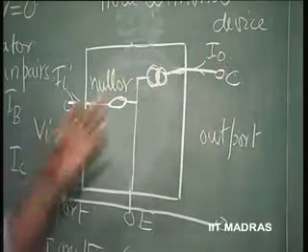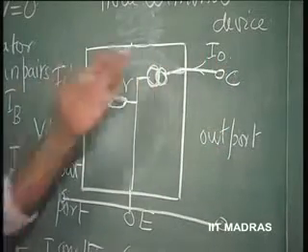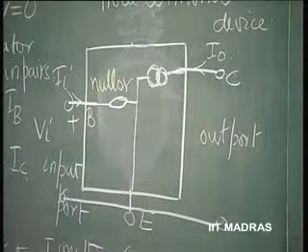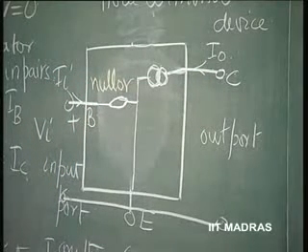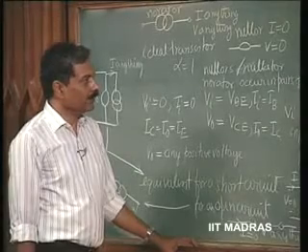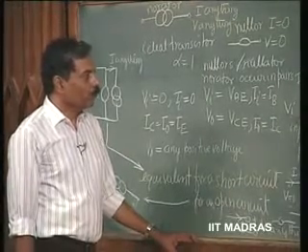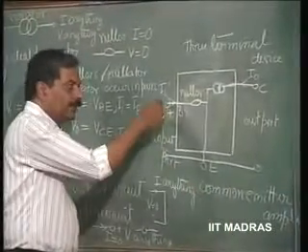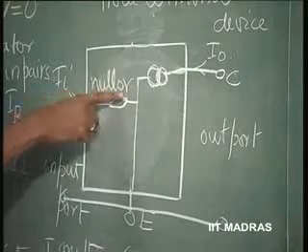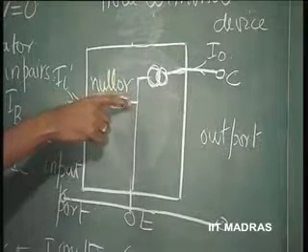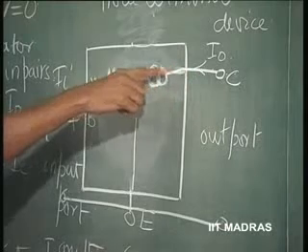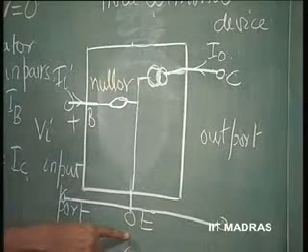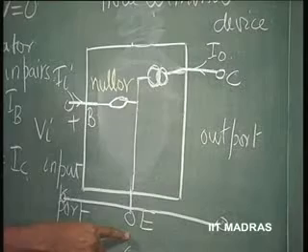In the case of the PNP, it will have to go negative. That's all. So as far as the equivalent circuit of a transistor in its simplest form is concerned, we can say that for a common emitter amplifier, the nullator comes in series at the input and narrator comes in series at the output, and the nullator narrator junction is common to both input and output, and that is the emitter.